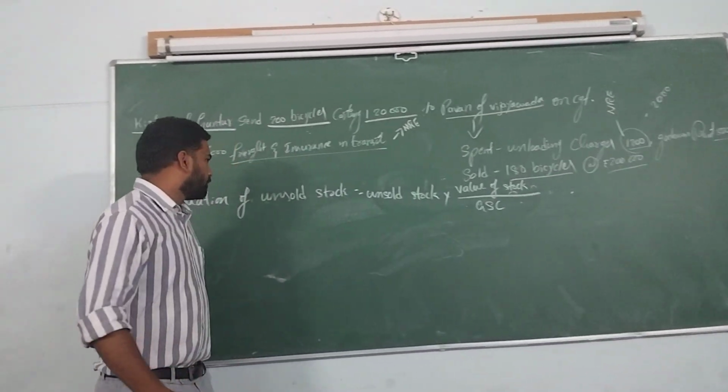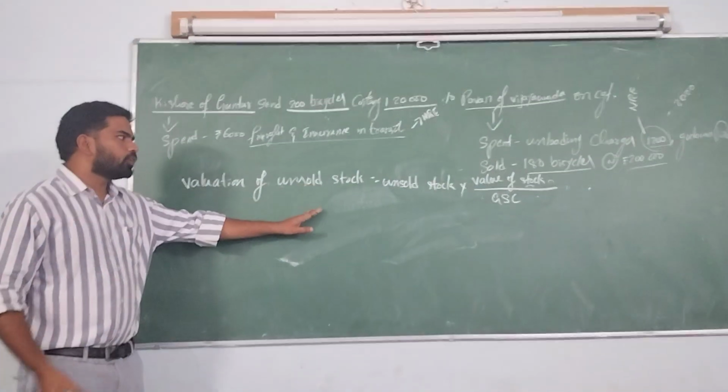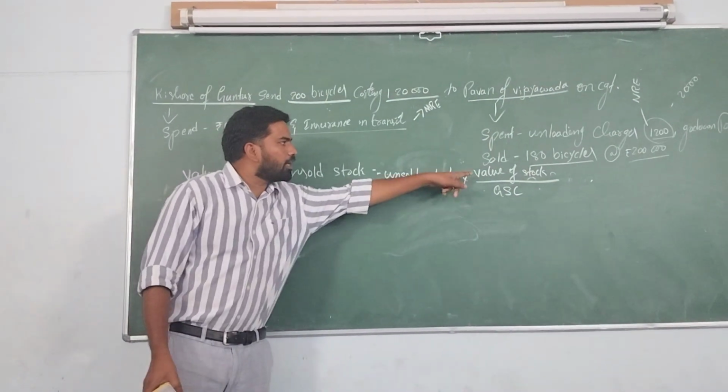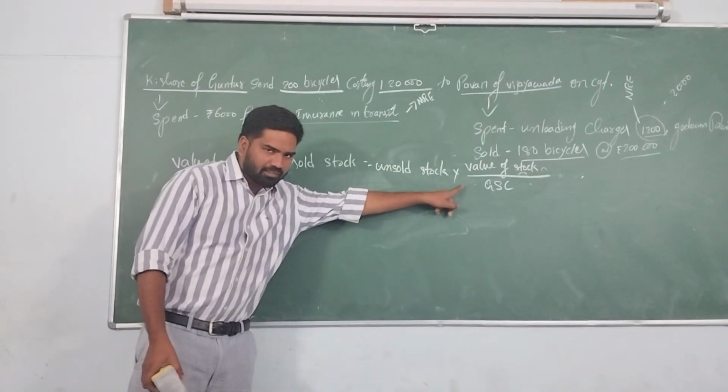So this is a formula. Valuation of unsold stock equals unsold stock into value of stock divided by goods sent on consignment.